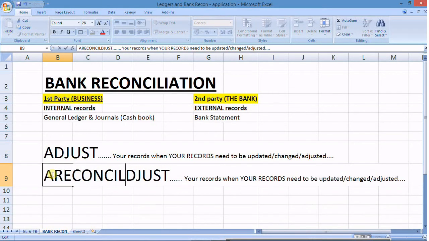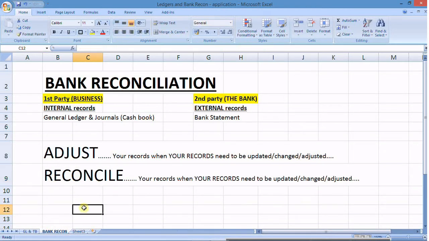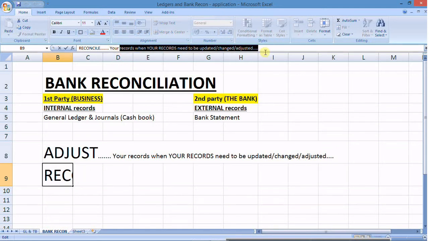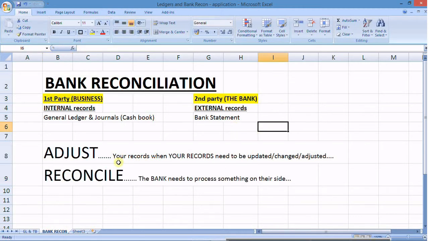Reconcile is when you have to raise something with the bank and the bank needs to change it. The bank needs to process something on their side. That's why it's called a reconciling item.